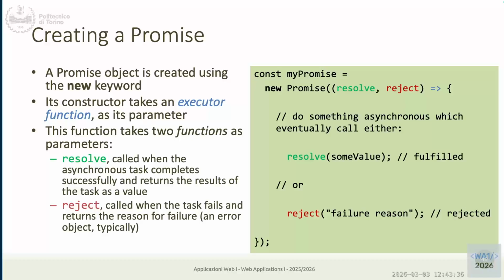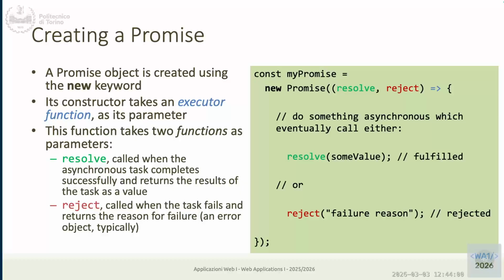In our code, we can do whatever we want that will happen asynchronously. But if at some point we call the function resolve, which is not a function that I write but a function provided by the promise library, with a value, this will be the value resolved, fulfilled by the promise. They use this term, fulfilled.